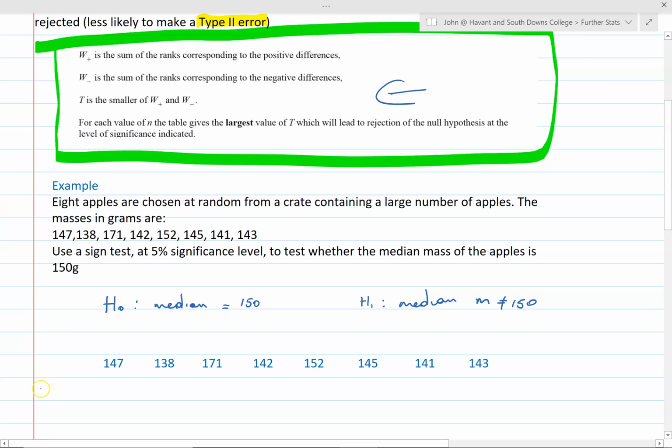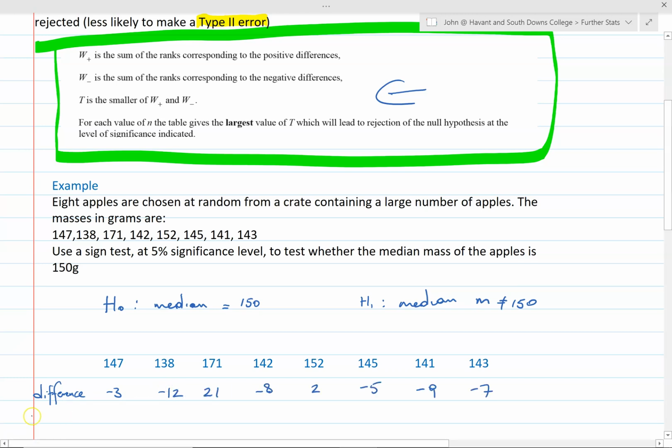The first thing we do, because this test takes into account how far something is from the median, is look at the difference between the median under our null hypothesis and that particular data value, being aware of the sign. So we've got -3 there, -12 there, and so on, if I fill the rest in.